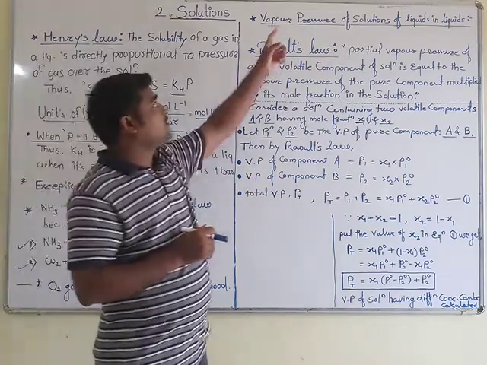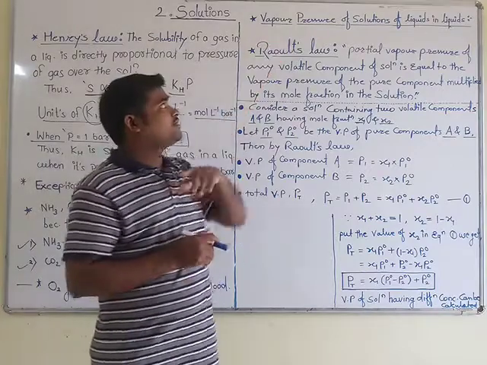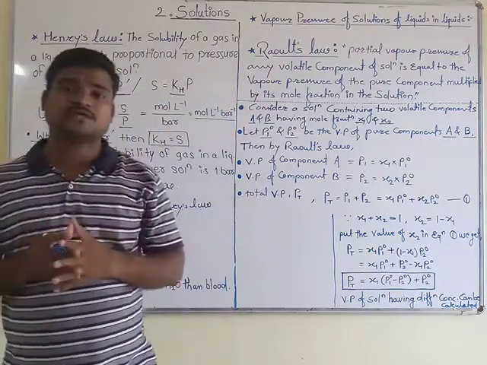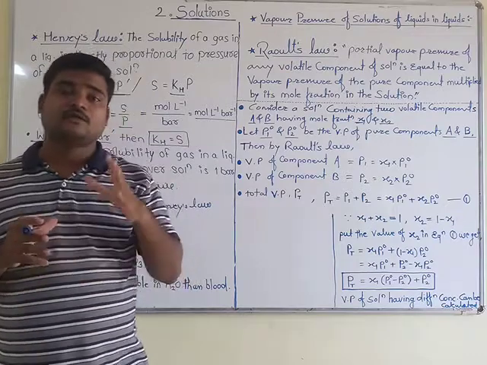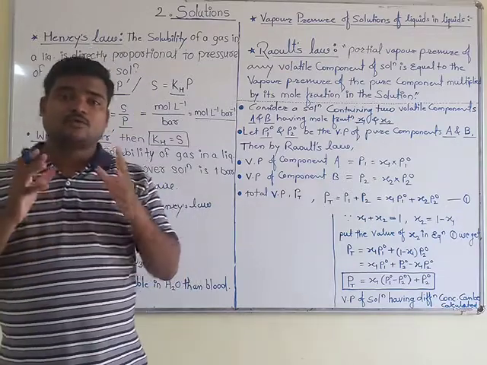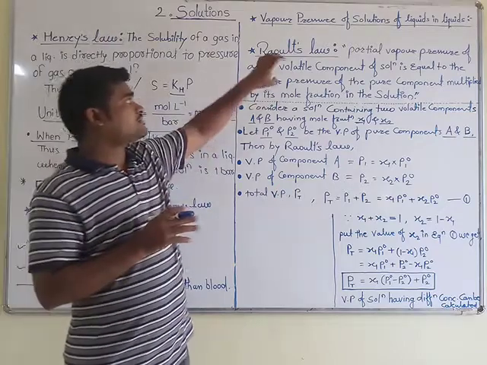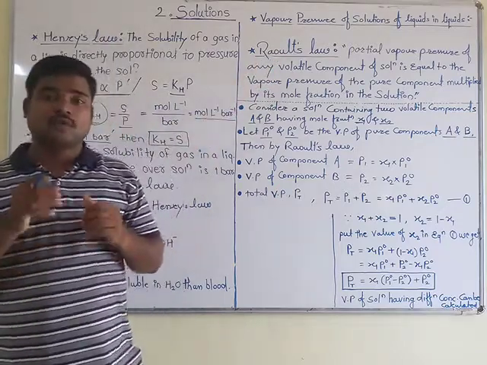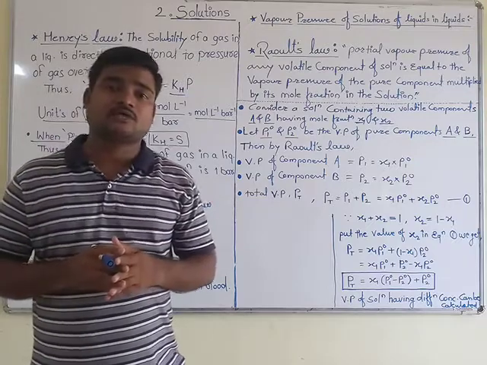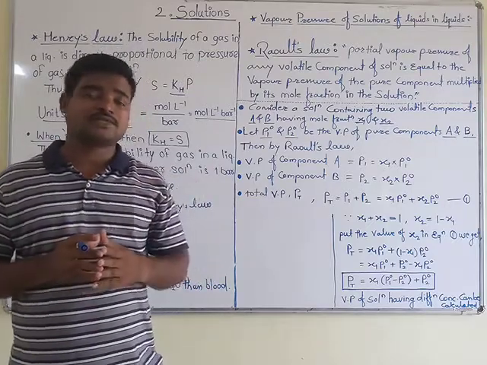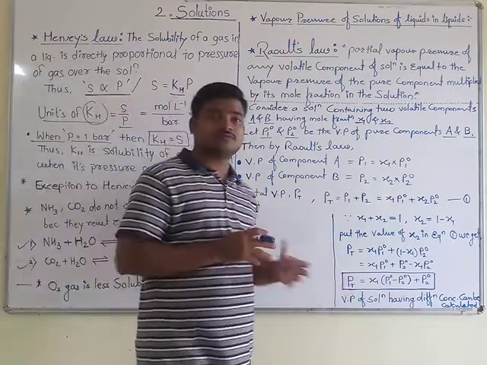As we come to this point, vapor pressure of solutions of liquids in liquids, here we are going to take the two components. Here also we are applying Raoult's law to binary liquids, then only you will get this derivation.